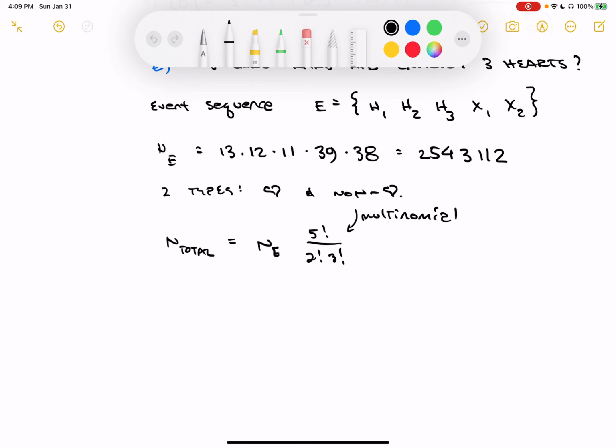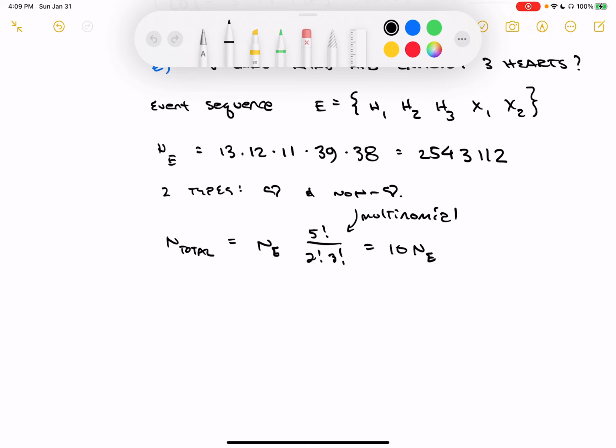The hearts was 3 and the non-hearts were 2. So it's just the different orderings of that 5, with the two groups, 3 and 2. That's going to be equal to something like 10 NE. So I could just take that number up there and multiply that by 10.